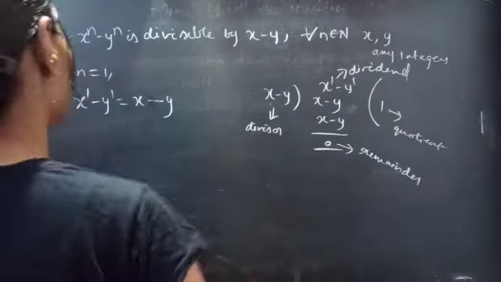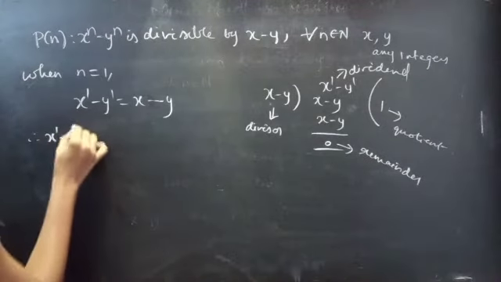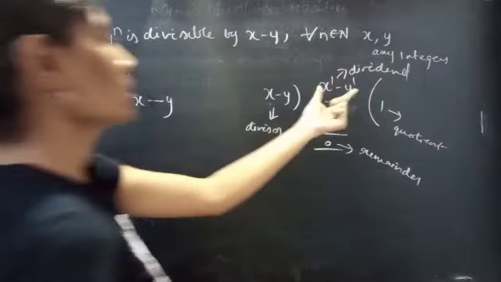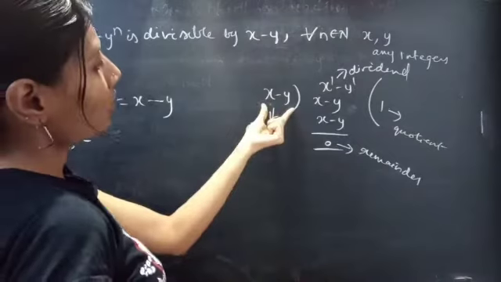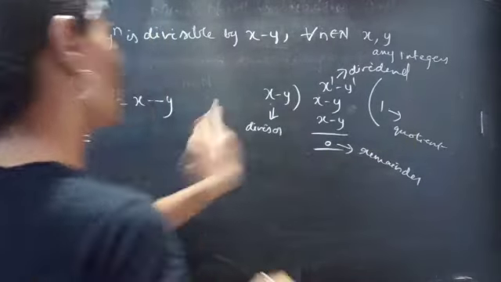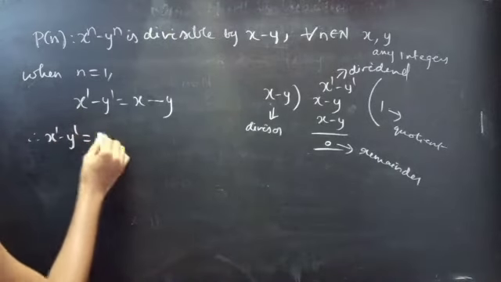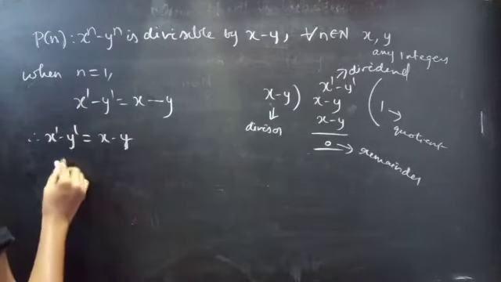So therefore, x power 1 minus y power 1 is divisible by x minus y, leaving quotient 1. Sorry, x power 1 minus y power 1 is x minus y.